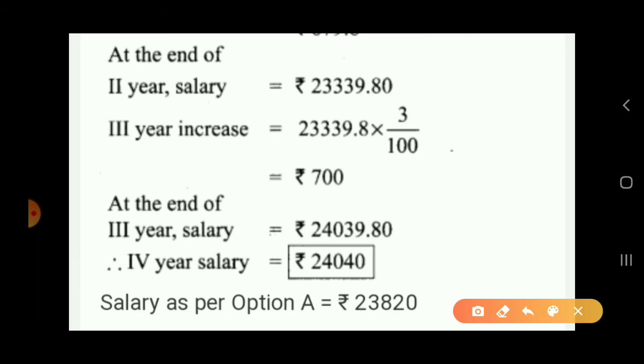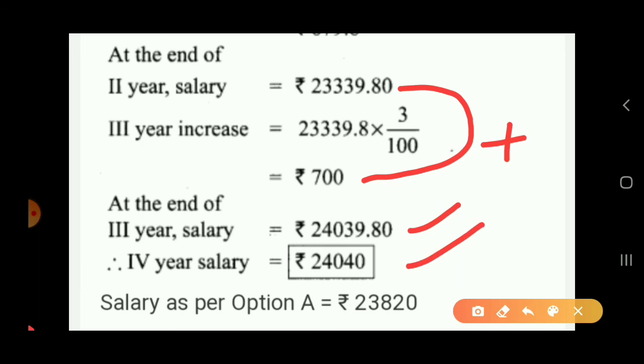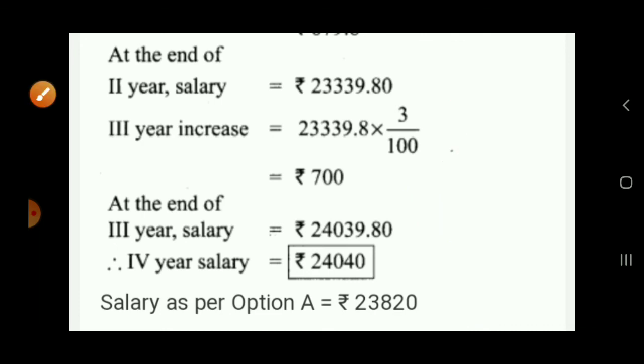So this value and this value, add, and you can get 24,039.80, the fourth year salary, 24,040. So option A is 23,820, option B is 24,040. So this one you can find now.